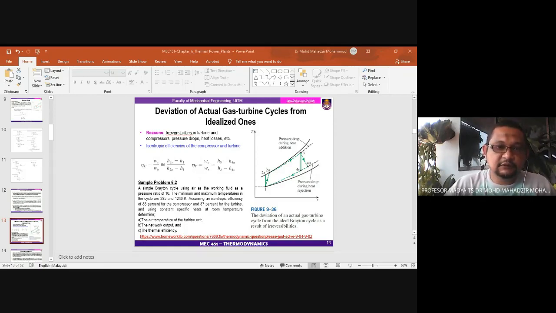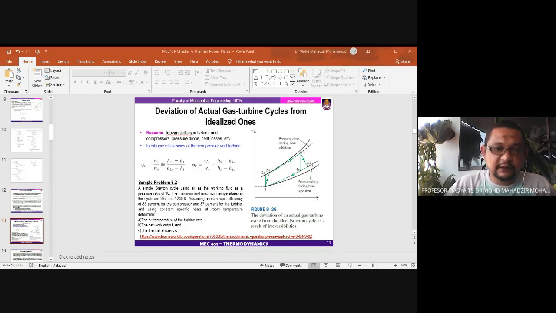So you can use the isentropic equation relationship. And then from there, you know the compression efficiency is based on these equations. So you will get the actual value T2 prime.